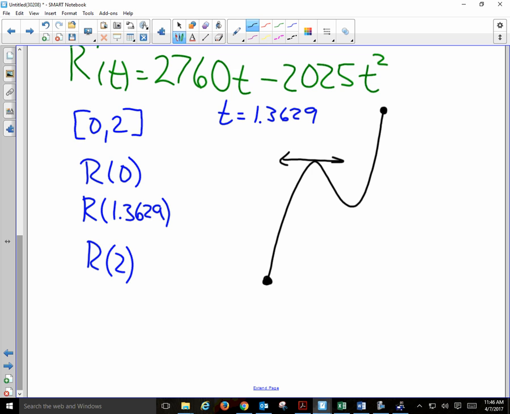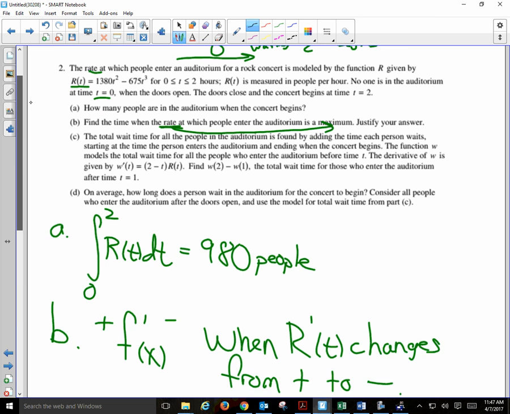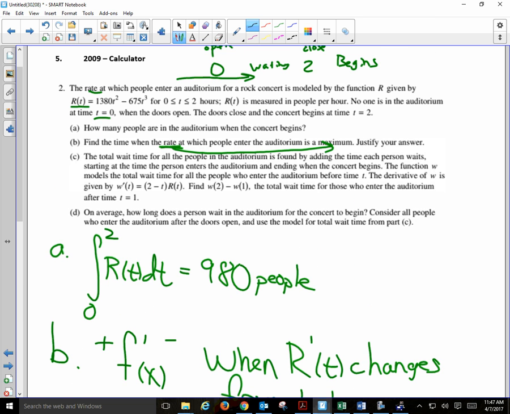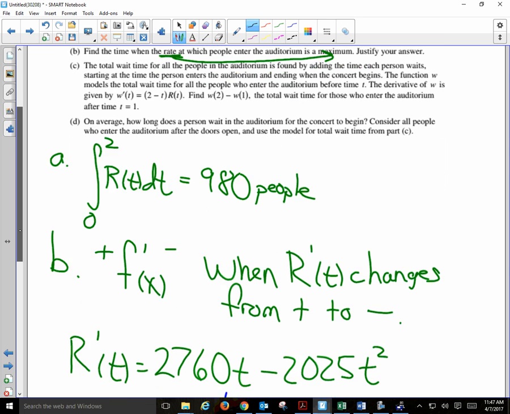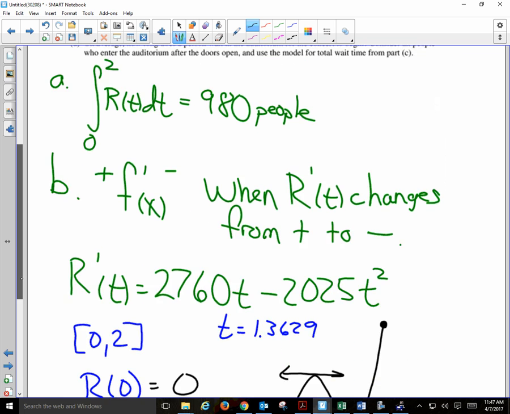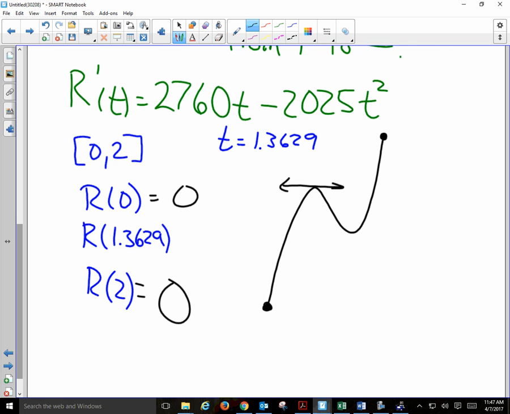Now, in this situation, r of 0 is 0 because no people are coming in at time 0. Let's look at the graph. If we plug in r of 0, we definitely get 0. And if you plug in 2, oh, it's 120. So we could just go to our calculator and plug it in.